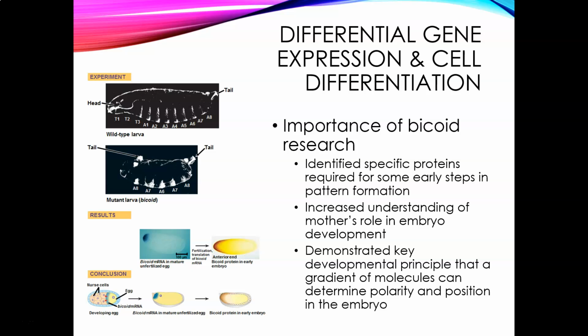And just understanding those key developmental principles in the sense that these molecules create this gradient. And that really turns into influencing the genes in those cells to be able to then continually differentiate their own gene expression to get the proper positioning, to get the proper organs in the right place, limbs in the right place, so on and so forth.